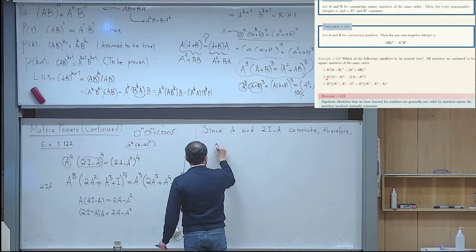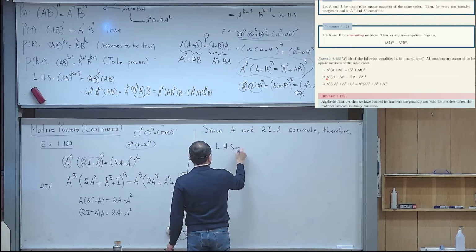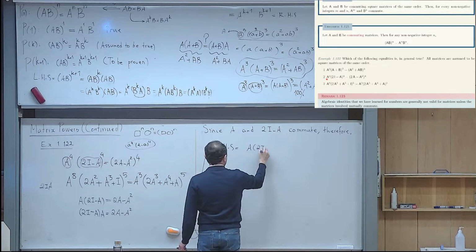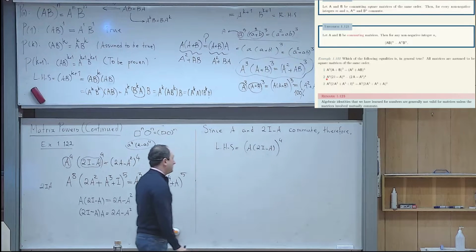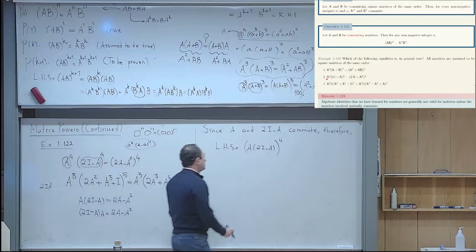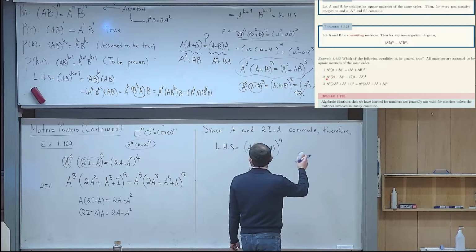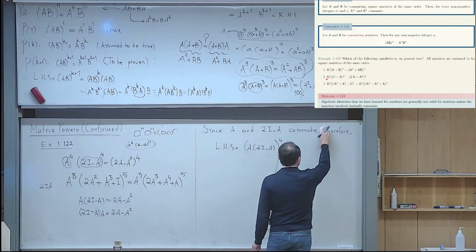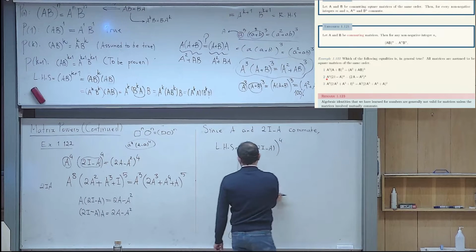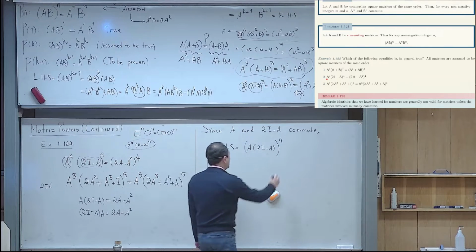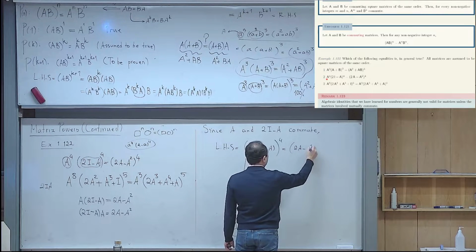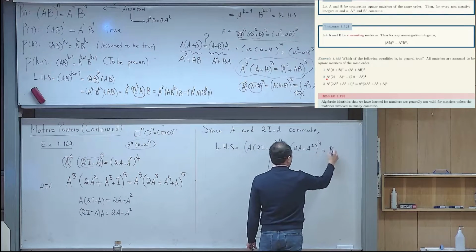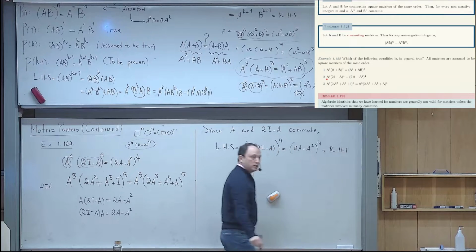I can say that the left hand side is equal to a times 2i minus a to power 4. This therefore is not a correct sentence. Since a and this commute, just this, yes? And then you can use distributivity. So this becomes 2a minus a squared to the power of 4, and that is the right answer. So in this case, that's correct.